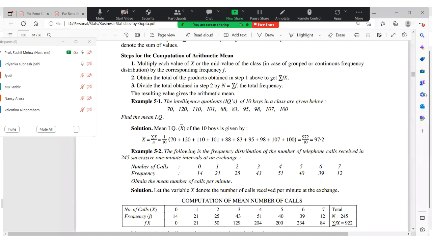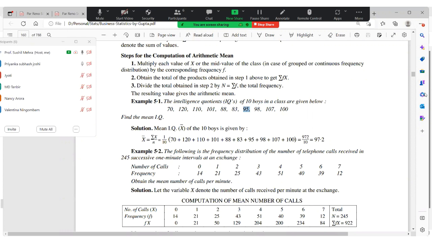For example, Sonu, Monu, Sohan, Rohan, Akram, Tahir, Asif, right? So these are the scores of 10 individuals, right?